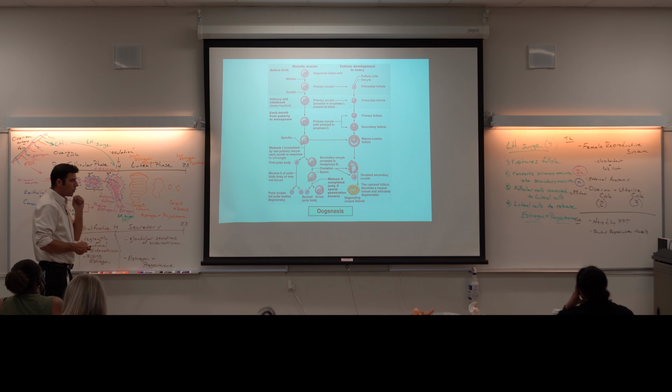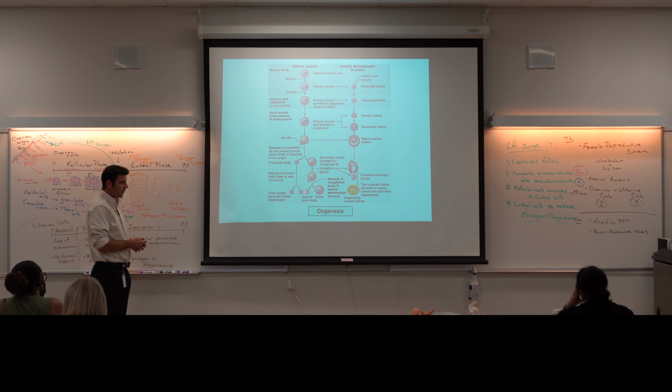So in order to ensure that one of those gametes that's produced has the best chance at making it, all of the extra resources like the cytoplasm and organelles are all donated to just one of these cells, and the other ones without organelles and without cytoplasm don't develop any further.